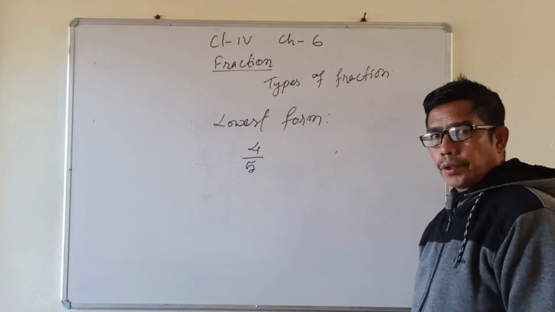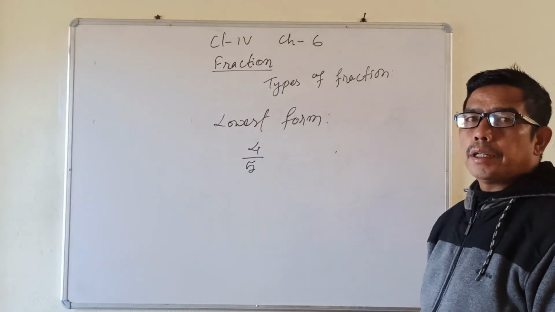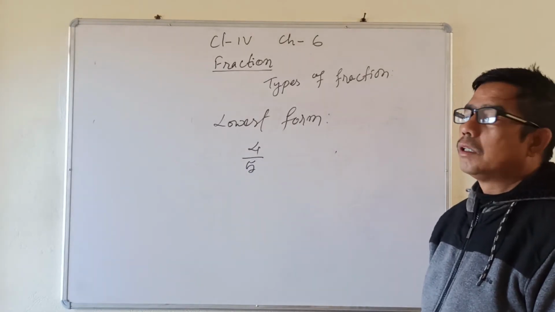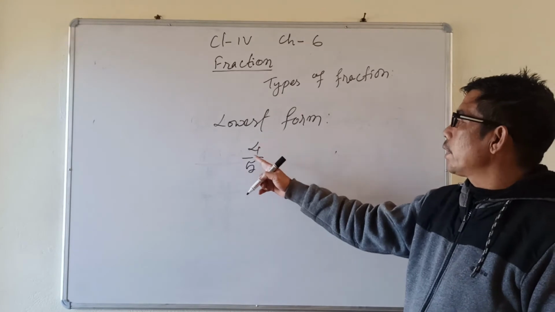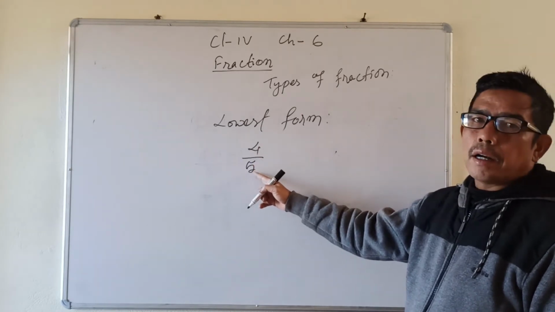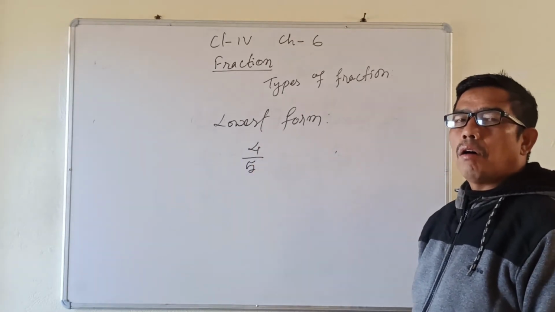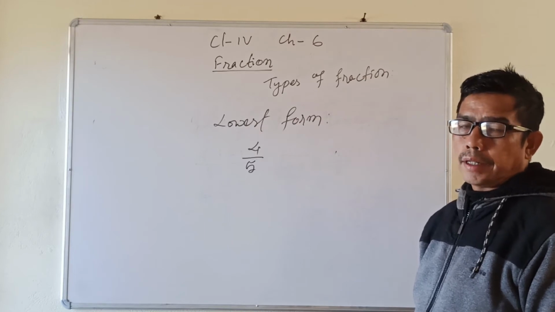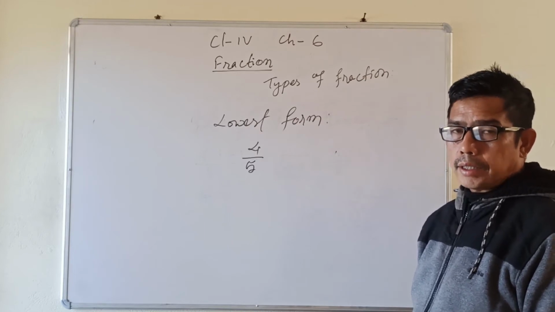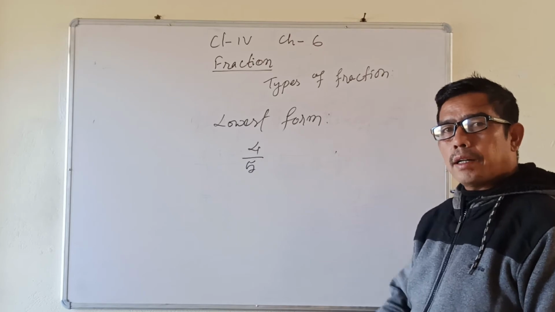Lowest form. A fraction is said to be in the lowest form if the numerator and denominator have only one common factor, that is 1. They should not have other common factors other than 1.